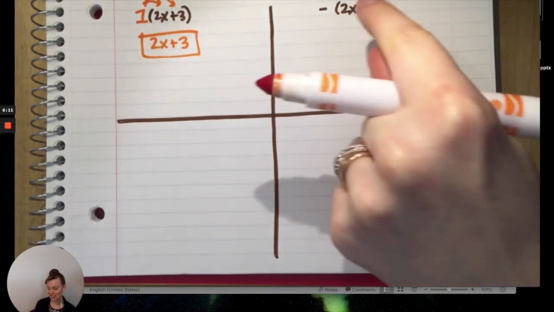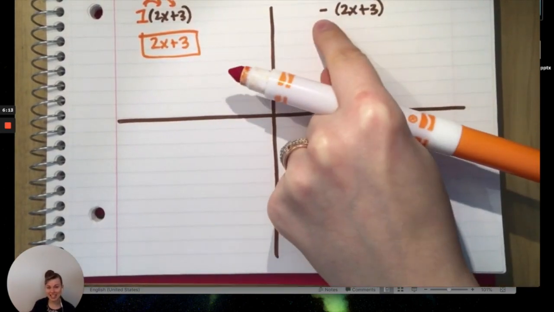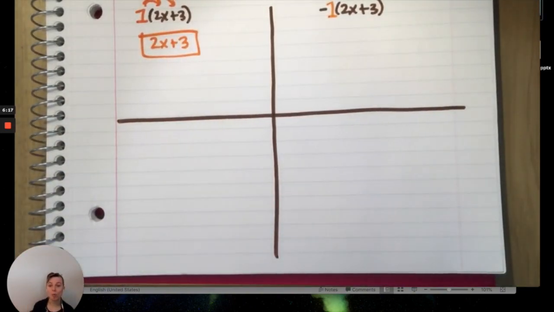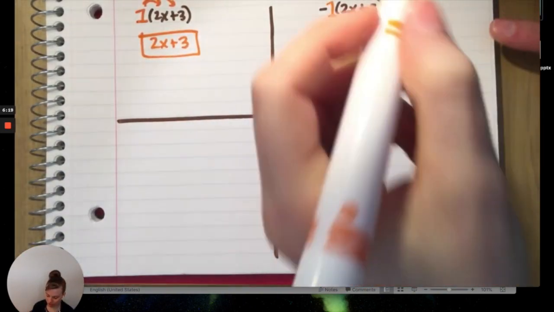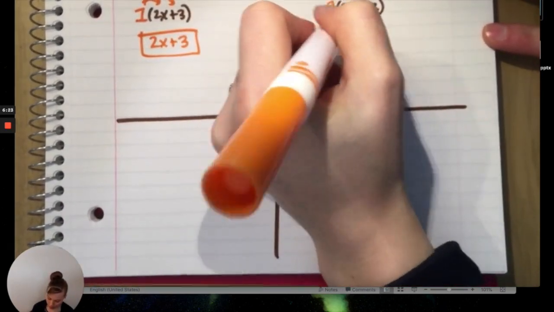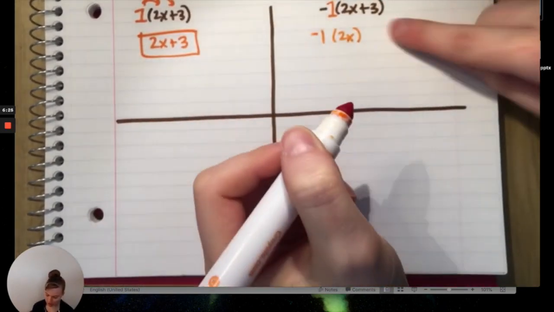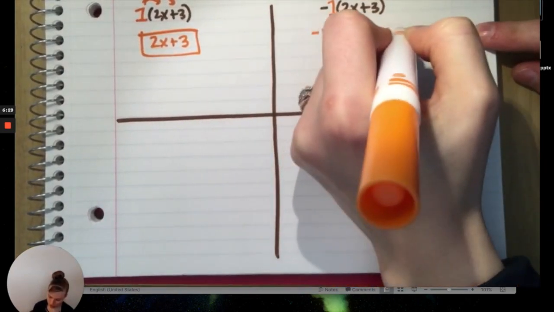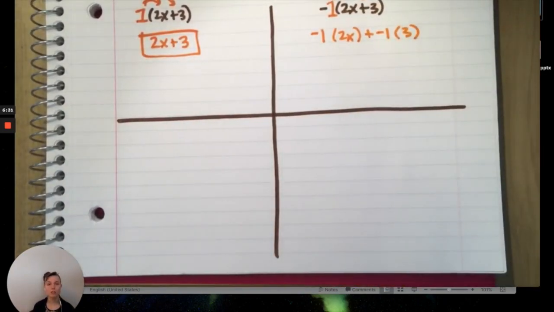Now, in this second example, we see the negative sign, and you're right, this is an invisible negative 1. So I am going to write out all of this work. When I do this first rainbow, I'm going to have negative 1 multiplied by 2x plus negative 1 multiplied by 3.